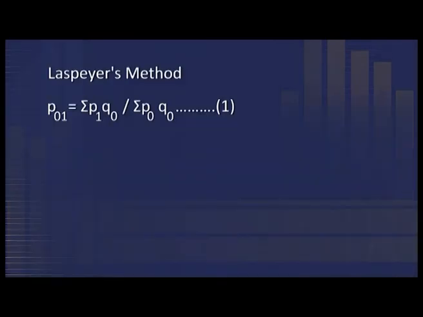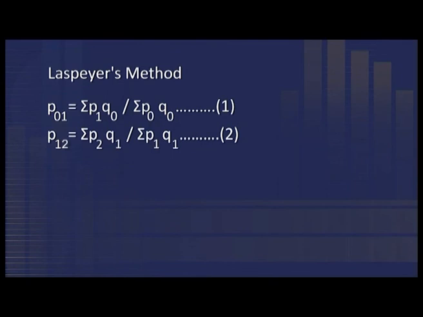The Laspeyer's index. First, let us take the Laspeyer's method. In this method, we calculate the index by taking the summation of P1 Q0 divided by summation P0 Q0. Now, when we apply the concept of circular test considering 3 years 0, 1 and 2, P01 is equal to the summation of P1 Q0 divided by summation P0 Q0.